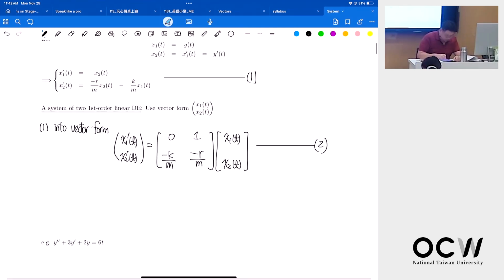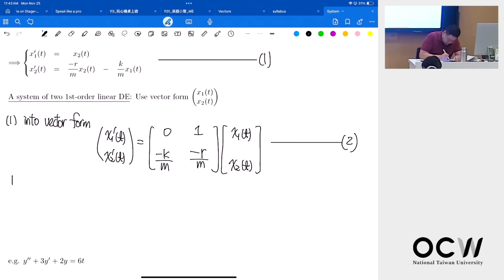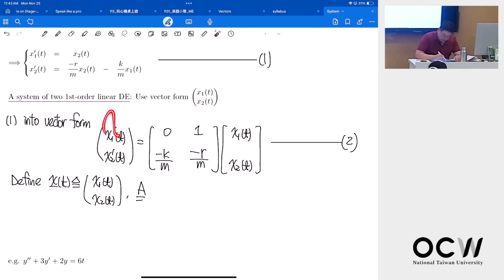Now we can define this x vector as x1, x2. And the matrix A, this will be x prime equals Ax. So A is 0, 1, minus k over m, minus r over m.